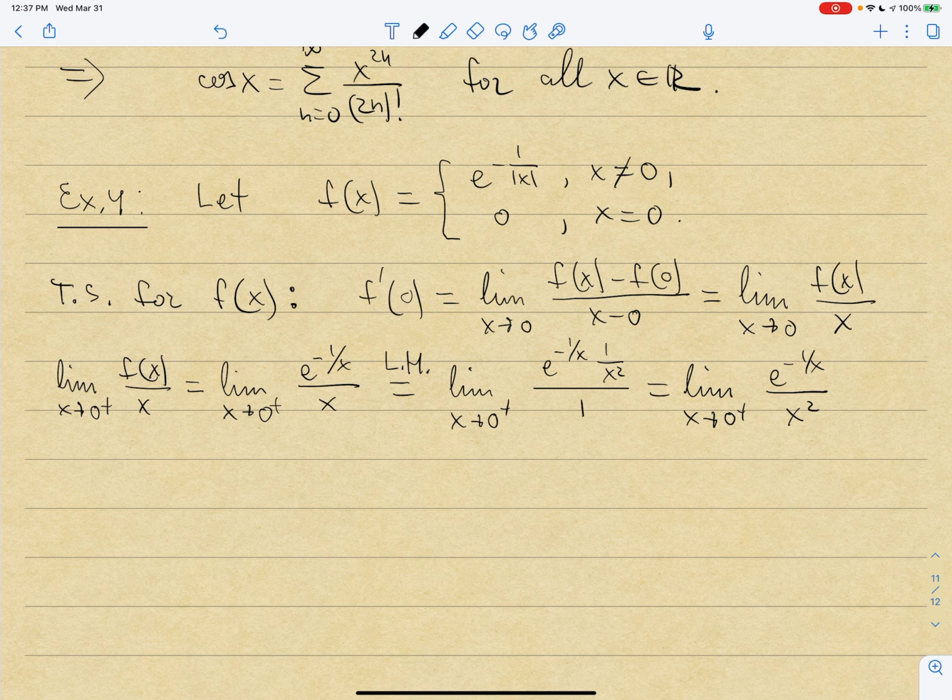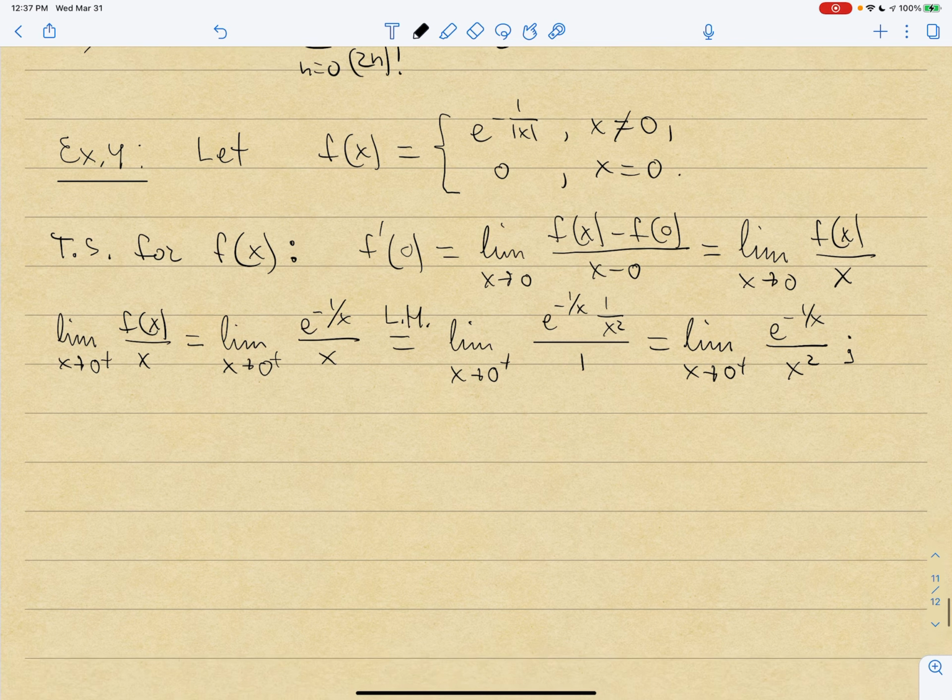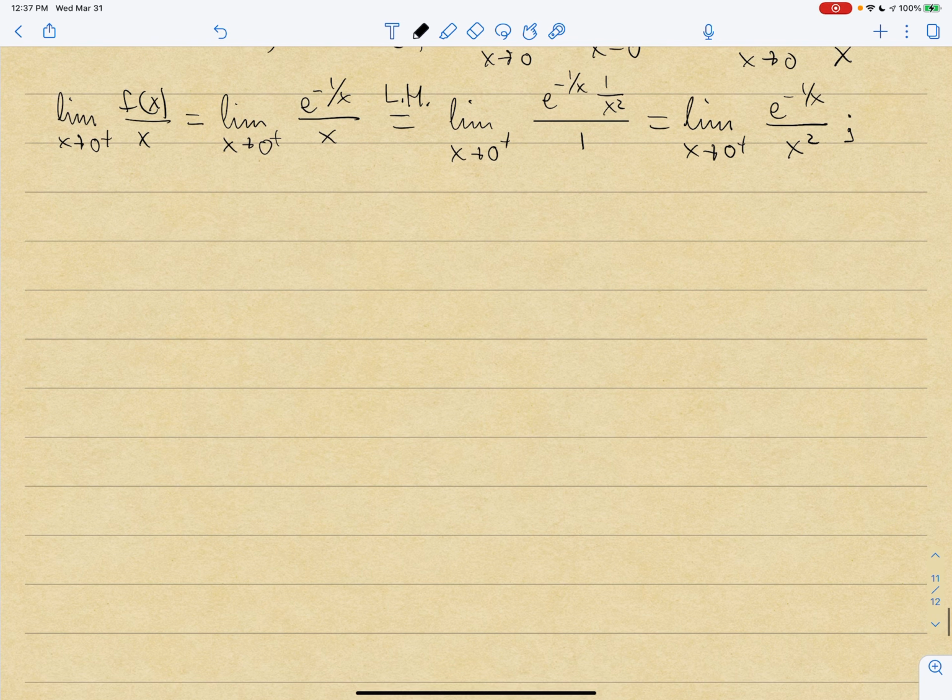So we have to be a little smarter here. One way to proceed is going to be as follows. So that's not working here. So let's try this.